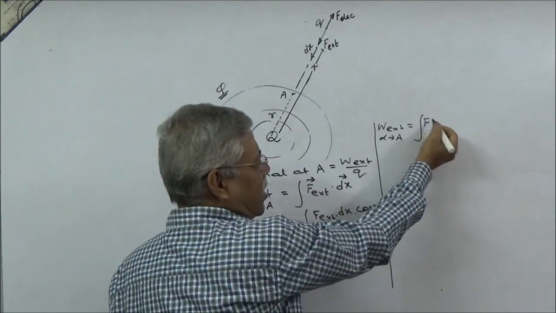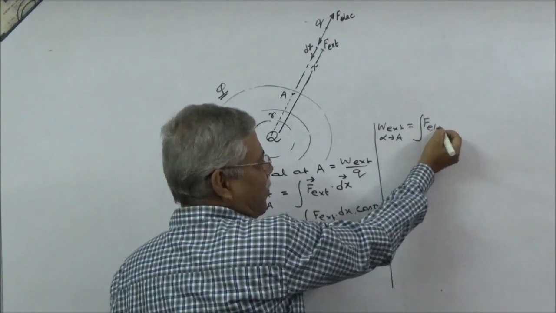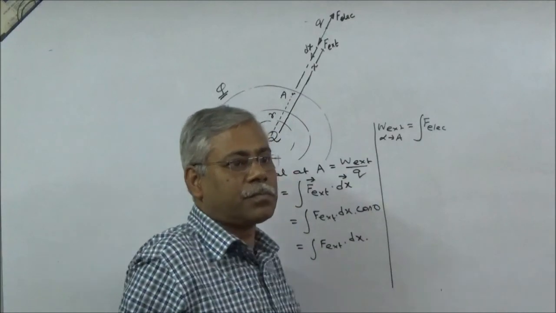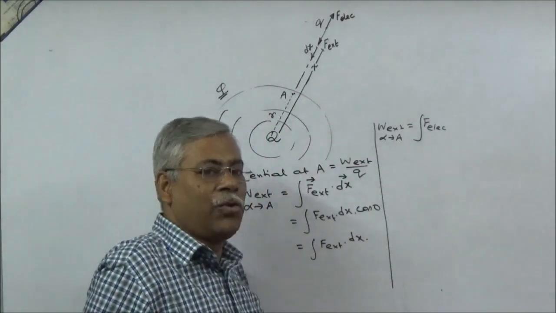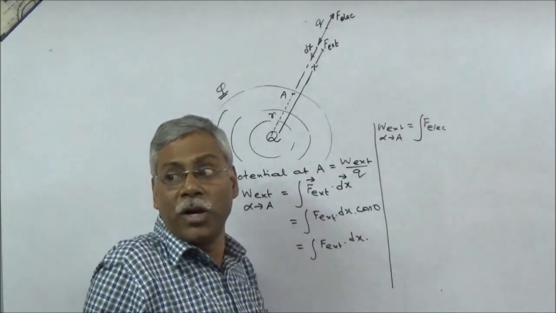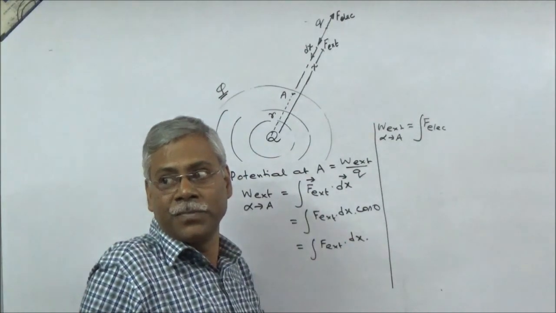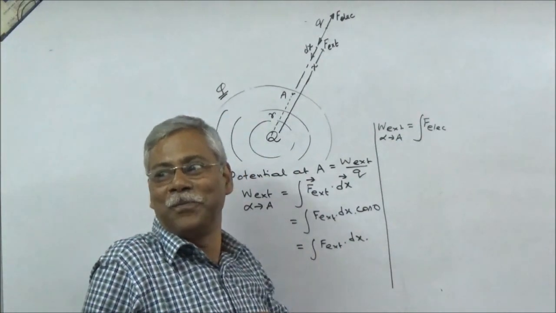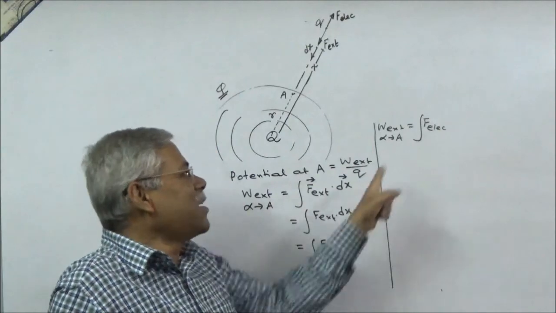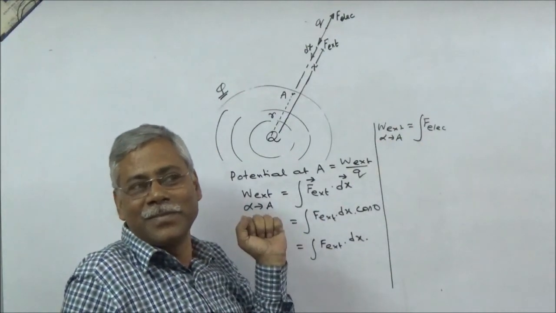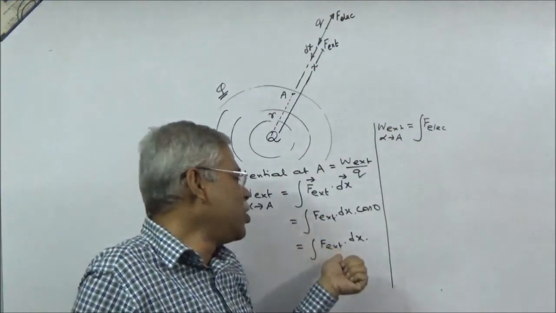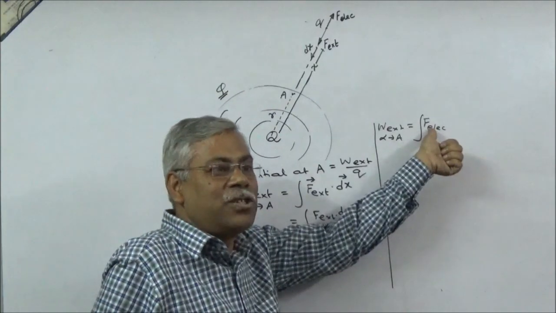Can you write F external equal to F electrostatic? Can you write? Why not? That is in vector form. Magnitude wise, are they equal or not? Magnitude wise F external equals F electrostatic. Why?